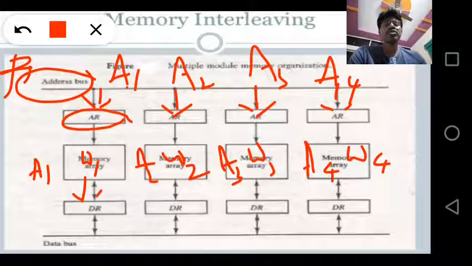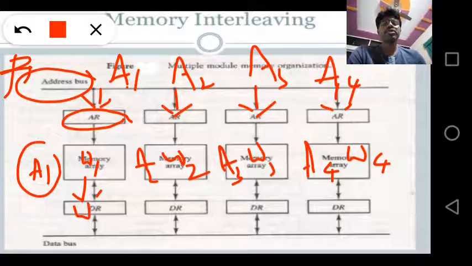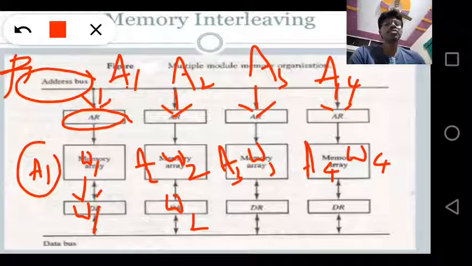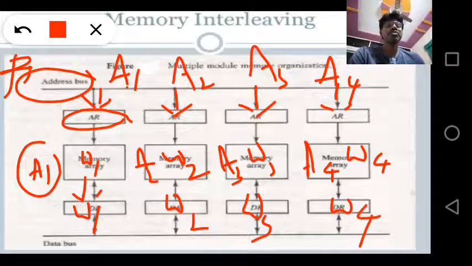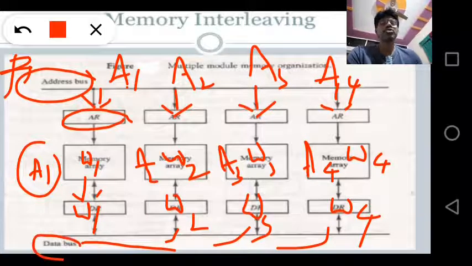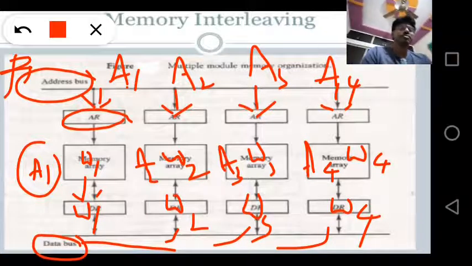At A1, W1 is stored, so it is placed in the data register. At address A2, W2 is placed on the data register. Similarly W3 and W4, and all these are sent using the data bus.